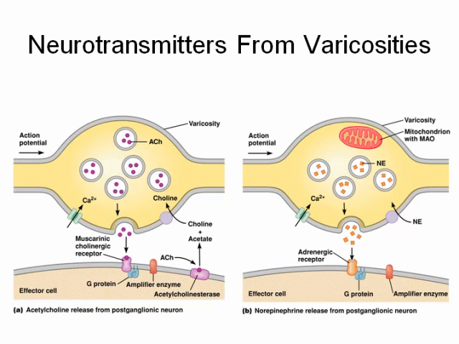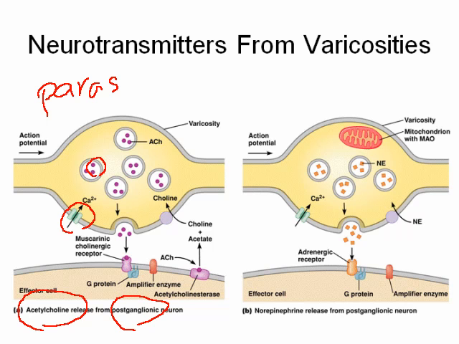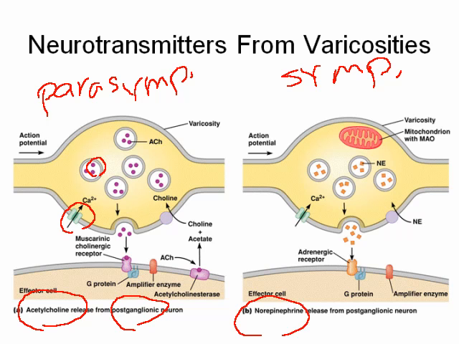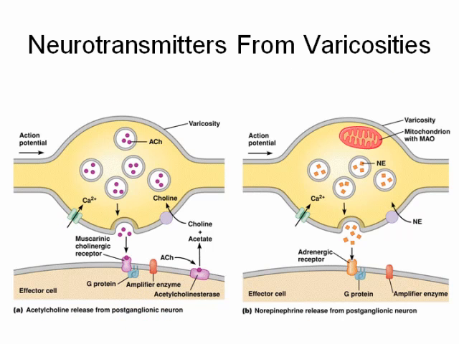A little bit of detail with these varicosities in terms of the handling of neurotransmitter. Again, we have our voltage-gated calcium channels. We have our vesicles, in this case for acetylcholine release from a postganglionic neuron for the parasympathetic system, and in this case, norepinephrine release from the postganglionic neuron of the sympathetic nervous system.